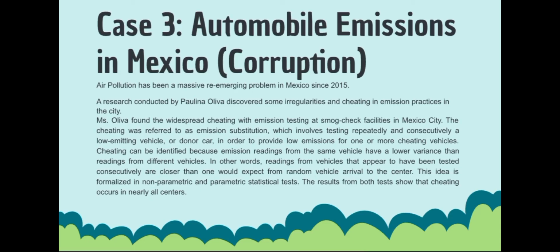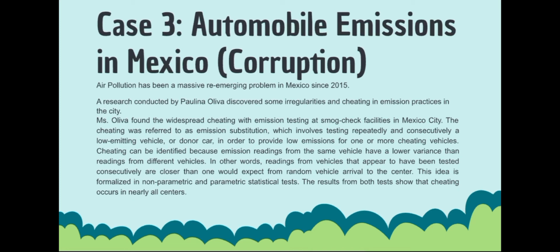And finally, we have case number 3 for Envirodevonomics. We have automobile emissions in Mexico, and this is under the field of corruption. Air pollution has been a massive re-emerging problem in Mexico since 2015. Research conducted by Paulina Oliva discovered irregularities and cheating in emission practices in the city. Ms. Oliva found widespread cheating with emission testing at smog check facilities in Mexico.